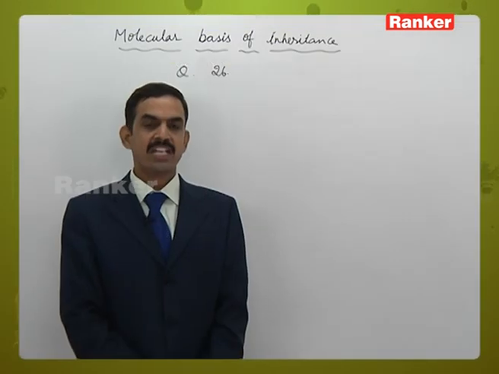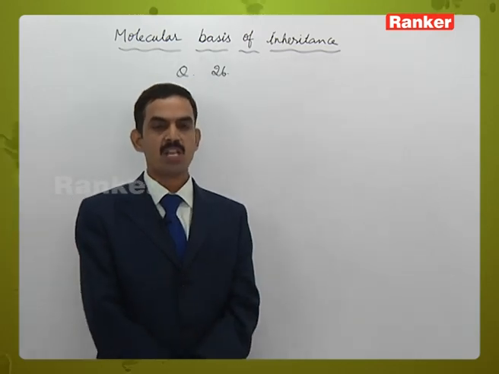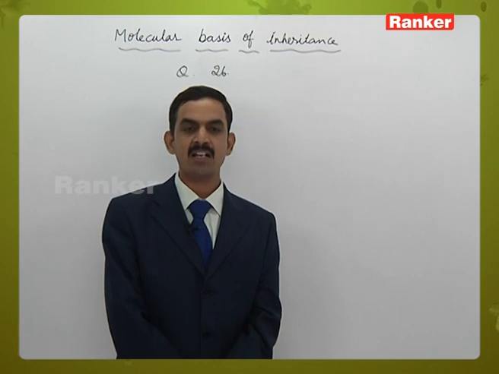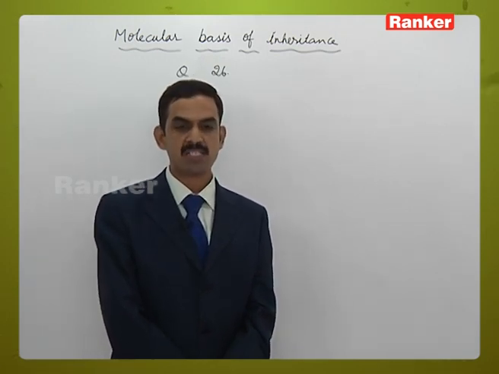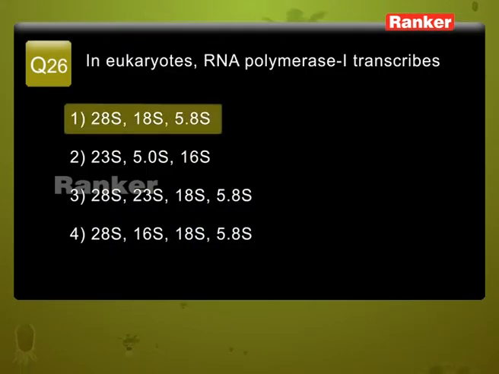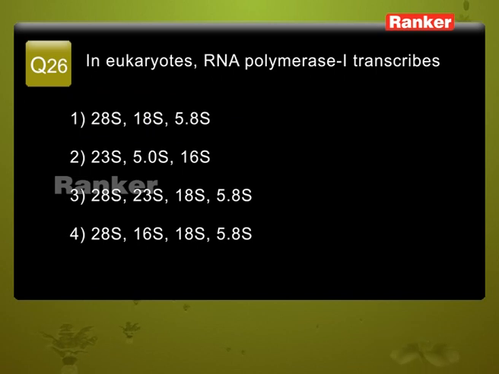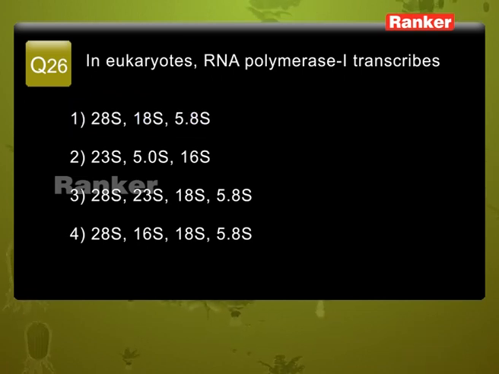Here in eukaryotes, the polymerase enzyme helping in the transcription process transcribes 28S, 18S and 5.8S ribosomal RNAs. So question number 26, the correct answer is 1.